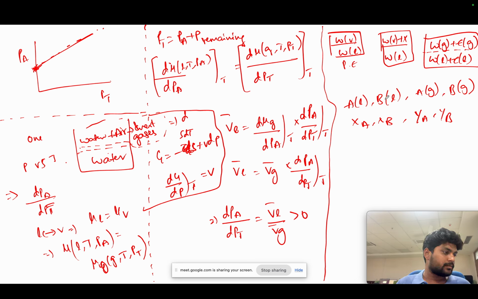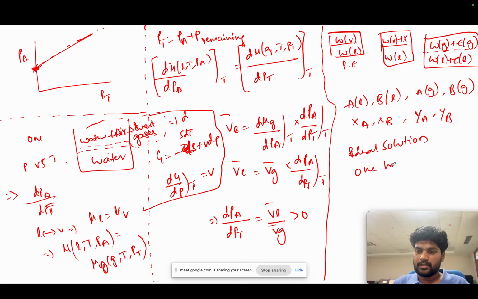Okay. So what will happen? Say suppose I have two systems. If I take an ideal solution with one as volatile and the other one as non-volatile.